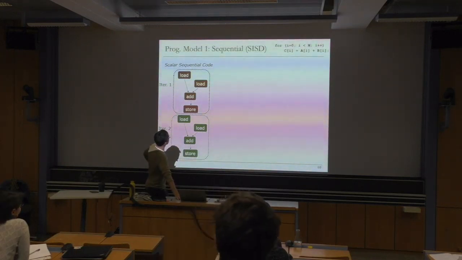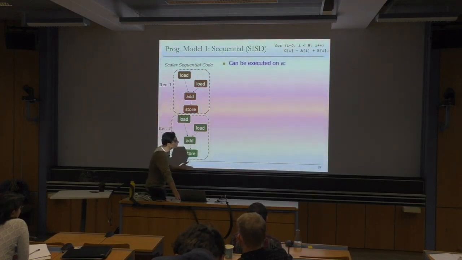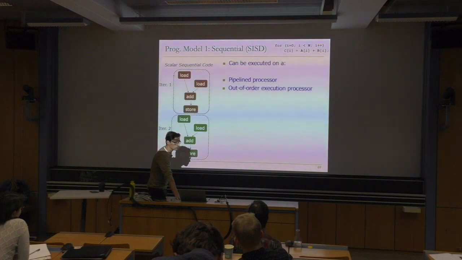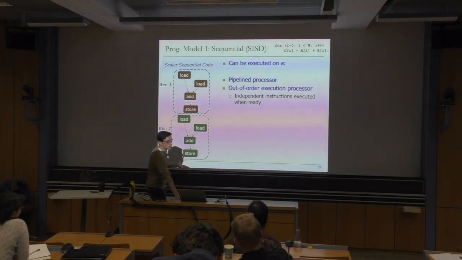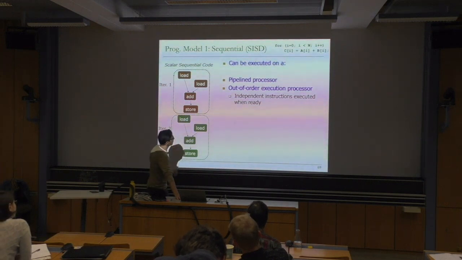So first of all, sequential machine, SISD. So, well, okay, we will execute it like that, right? But depending on what the machine is, indeed, it might be an in-order pipeline processor, or it might be an out-of-order execution processor, right? So if it's an out-of-order execution processor, we can have independent instructions being executed as soon as they are ready, and we don't really need to follow this sequence of instructions that we have written in our program, right?